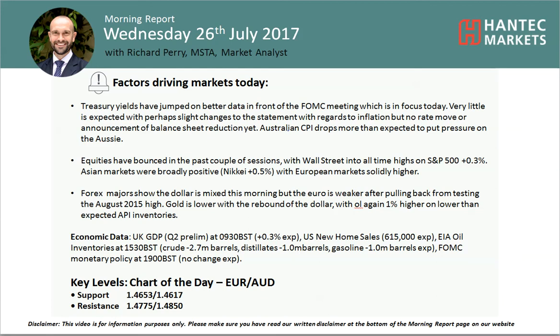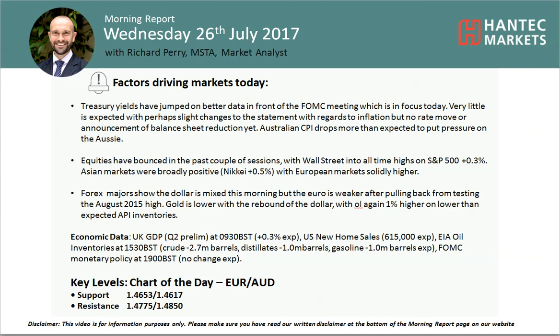We've had inflation for the US disappointing in recent few prints, and therefore the FOMC statement might start to take a bit of account of that. However, no real change is expected on the Fed statement. Could be a bit of a non-event, but obviously there's always that risk.